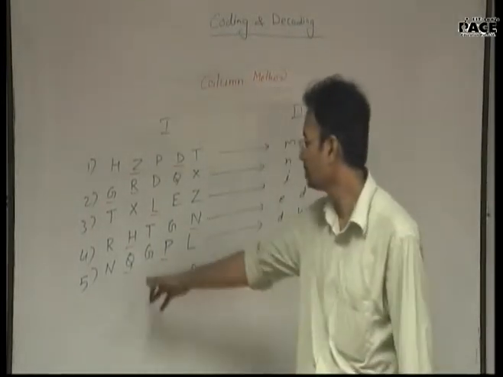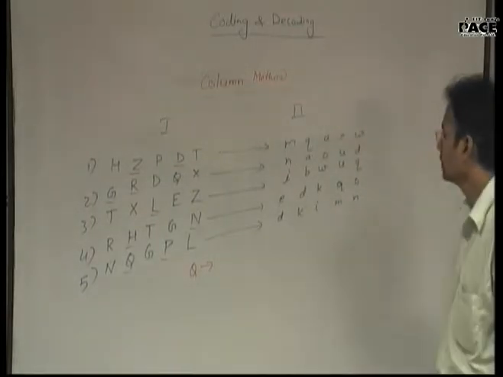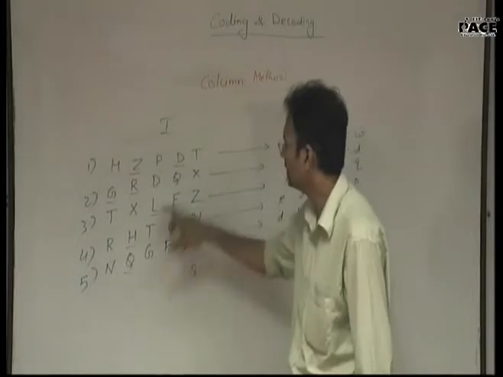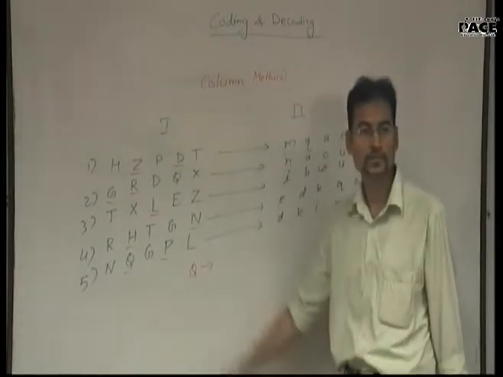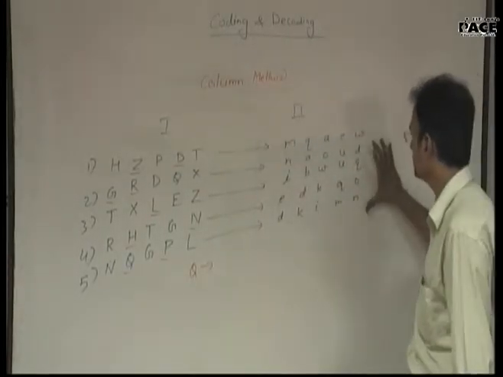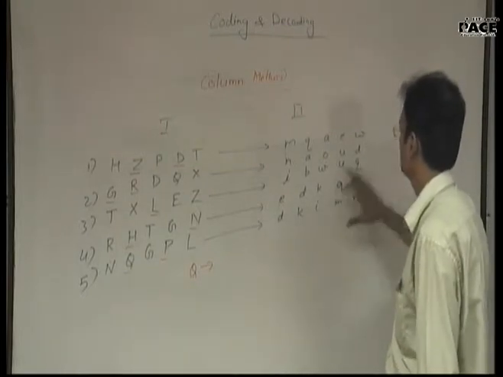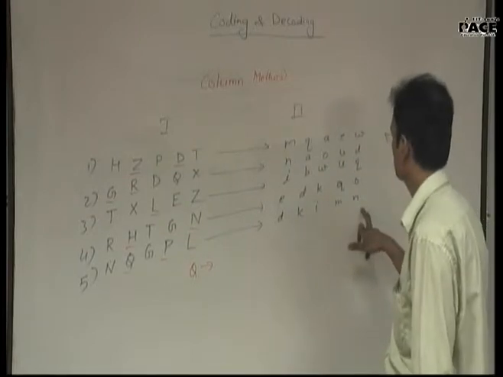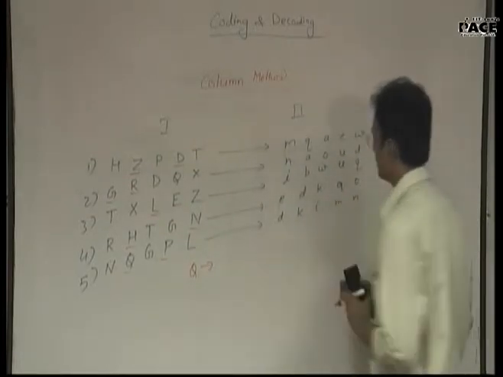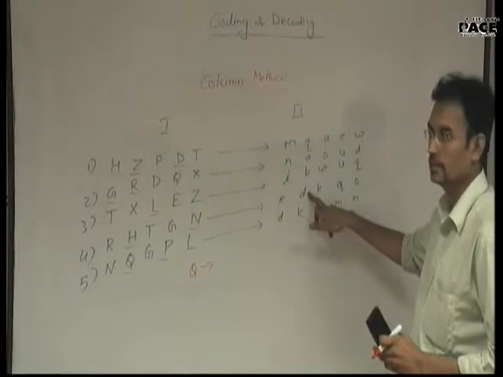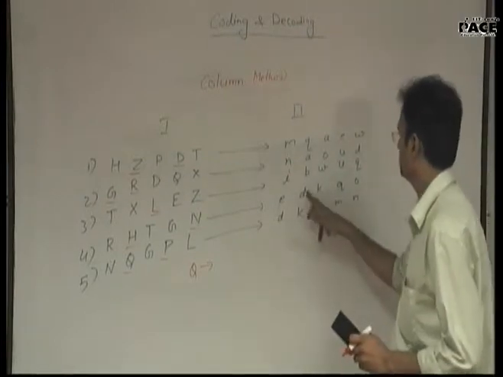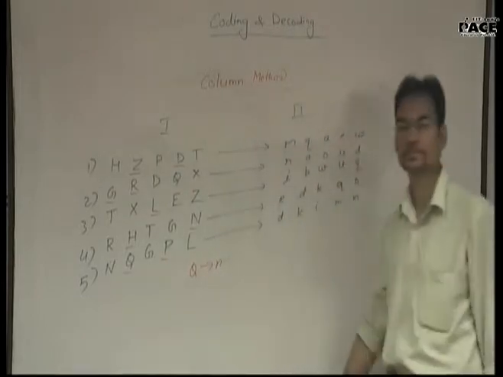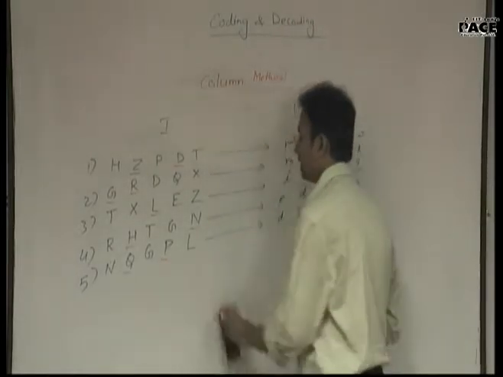Q. Q is repeated here and here in second and fifth. So we can see the common values, which is N and D, but D is already here. So value for Q is N. Similarly, we can find out these values.